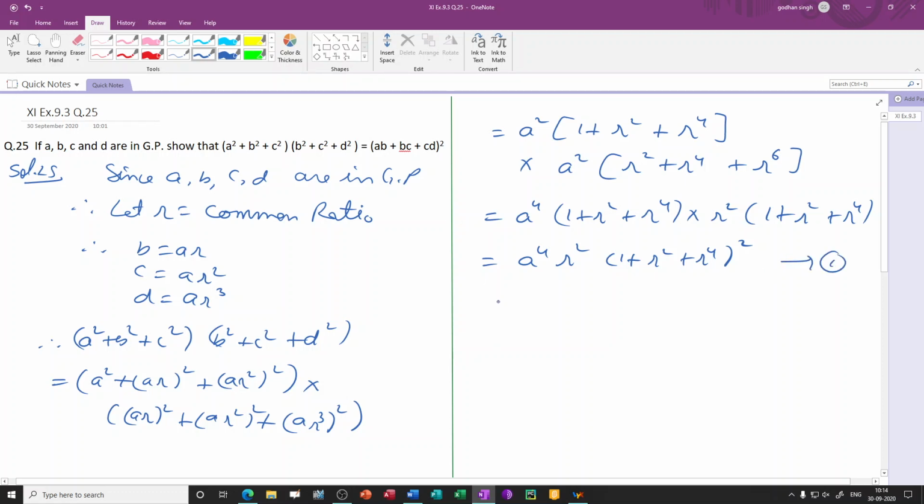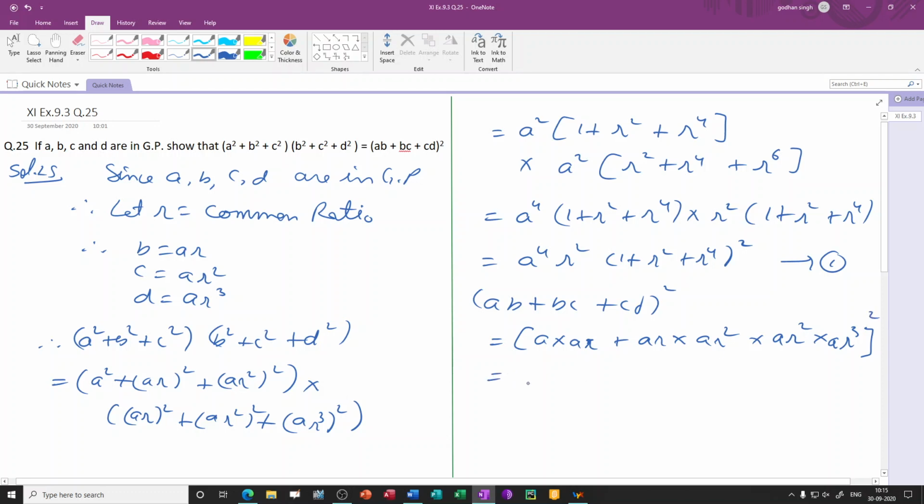Now let us solve (AB plus BC plus CD) whole square. The value of A is as it is, value of B is AR, so A into AR, plus B is AR into C is AR square, so AR cubed, plus C is AR square and D is AR cube, whole square.